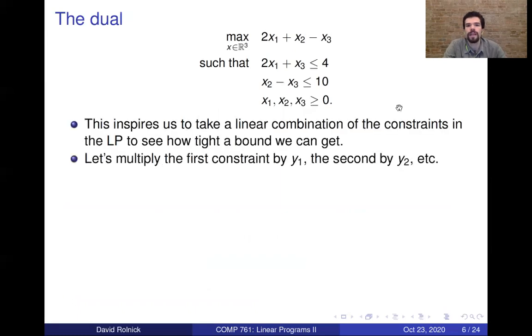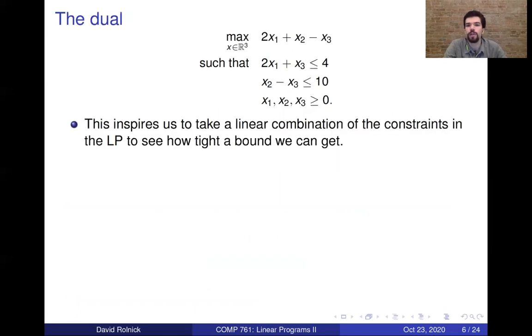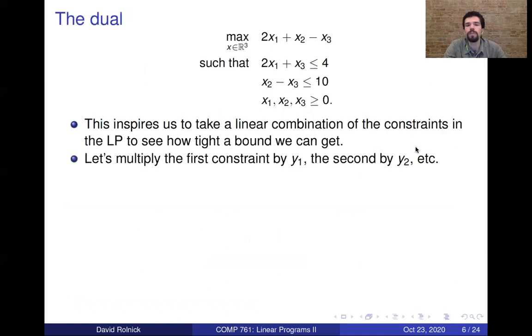Okay. So this inspires us again to take a linear combination of the constraints to see how tight a bound we can find. So let's multiply the first constraint by y1, and then the second one by y2, and so on. In this case, we have only two constraints. We're only considering the ones which aren't the greater than or equal to 0. Okay? So what does it mean?